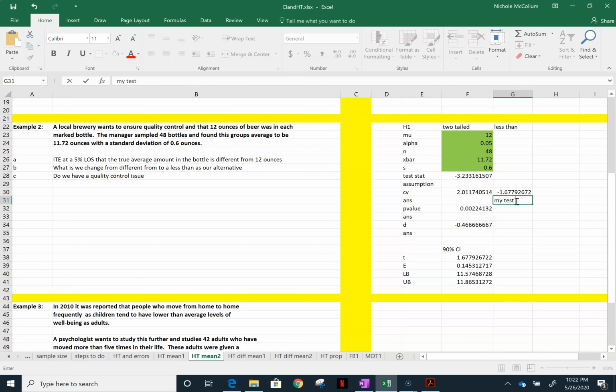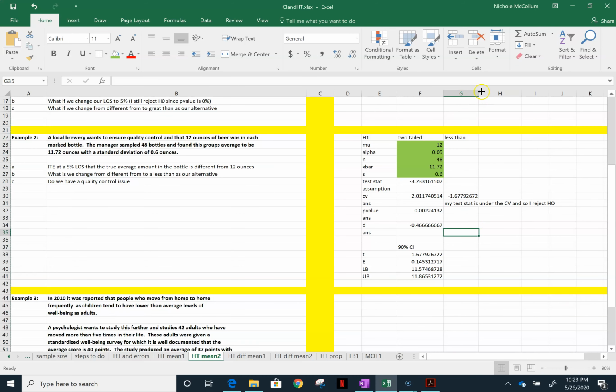My test stat is under the critical value, and so I reject H naught. That's what I would report. So let me shrink that down so I can fit that on the screen. Again, my test statistic is clearly under this critical region, and so that's why I reject H naught.